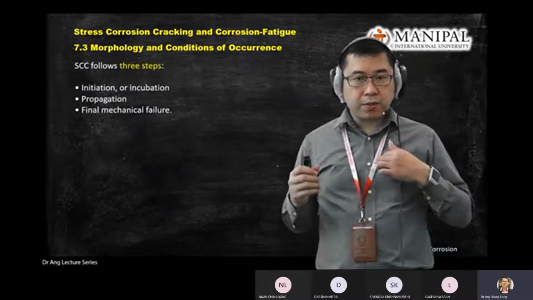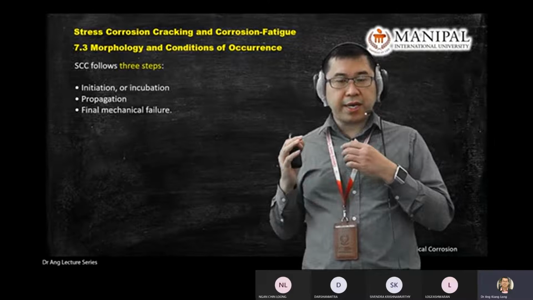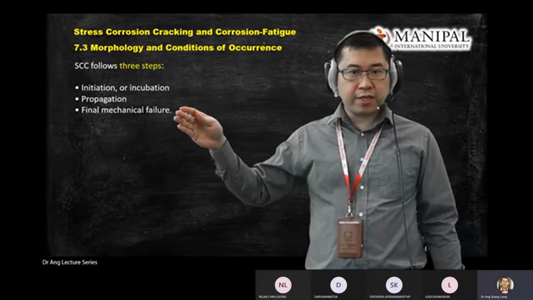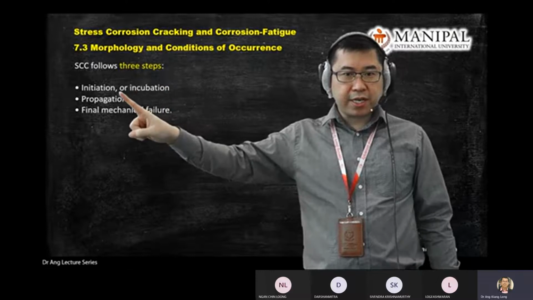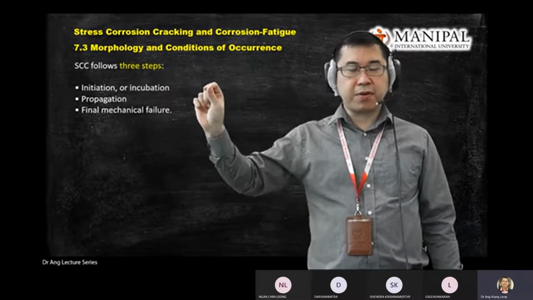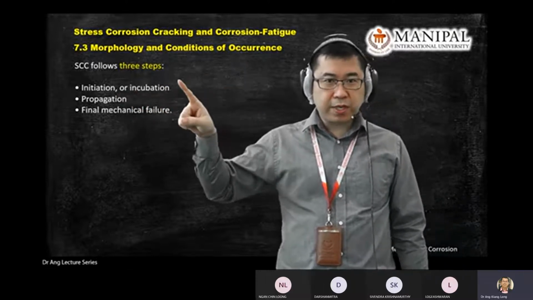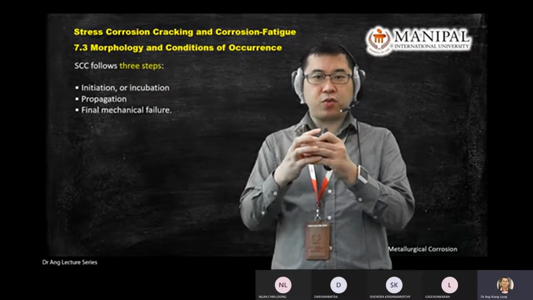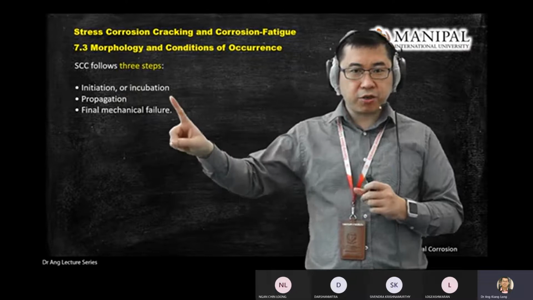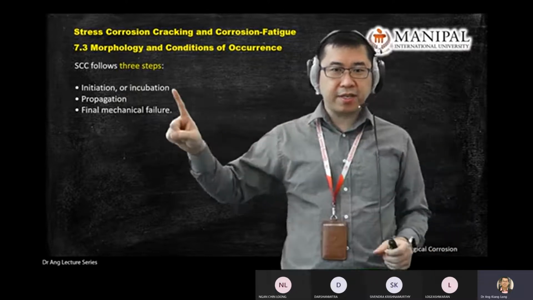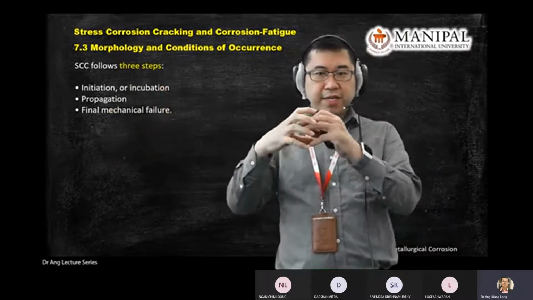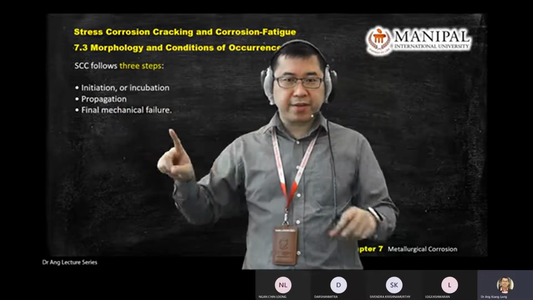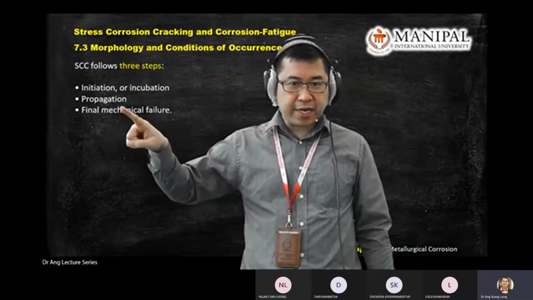Okay. So for morphology and condition of occurrence, you will follow 3 steps. Initialization, or the starting point. The more technical word is incubation. They start to give energy to the cracking. Incubation, you incubate the thing. Then once you have enough energy, you propagate the cracking.